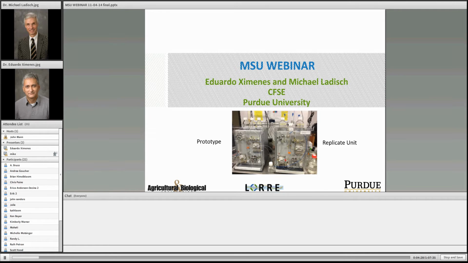What these instruments do, the prototype and the replicate unit on the right, is to rapidly concentrate microorganisms from food materials directly so that they can be probed using PCR or other methods, including plating, for the purpose of detecting different types of pathogenic microorganisms against a background of naturally occurring microorganisms.